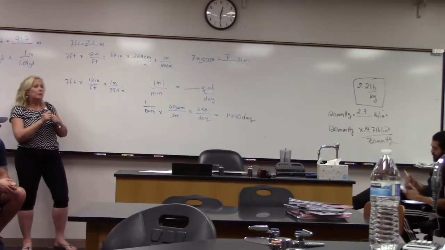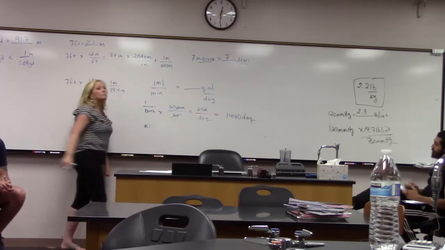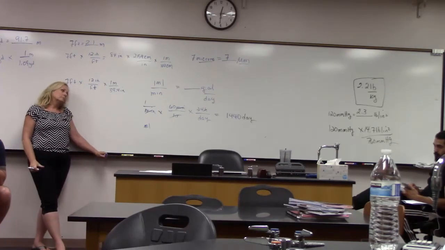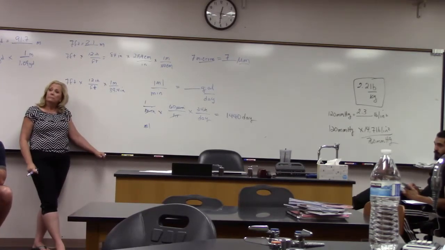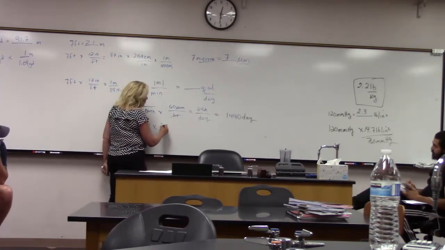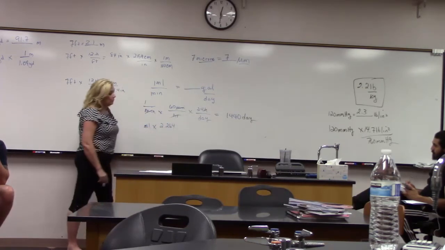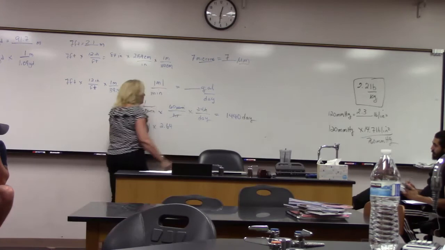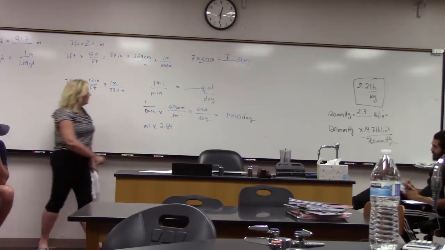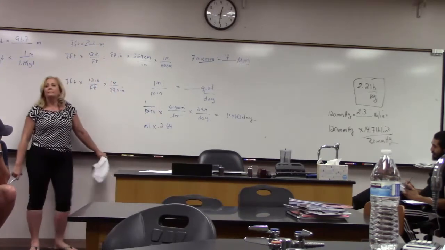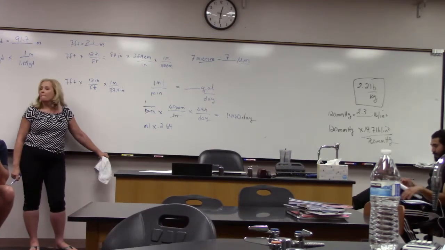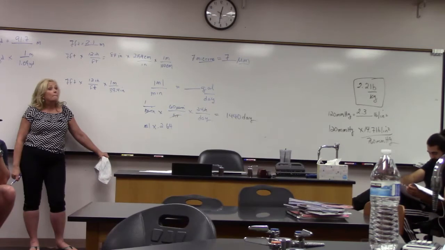Okay, so how do I convert milliliters to gallons? Multiply by 0.264 gallons over a liter.